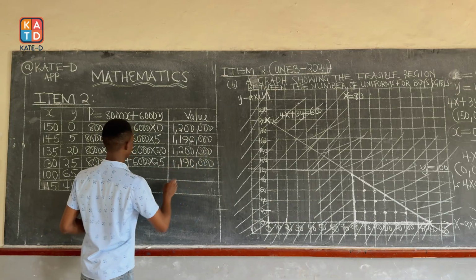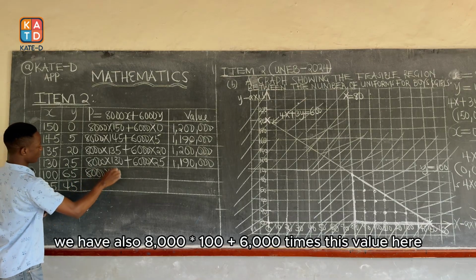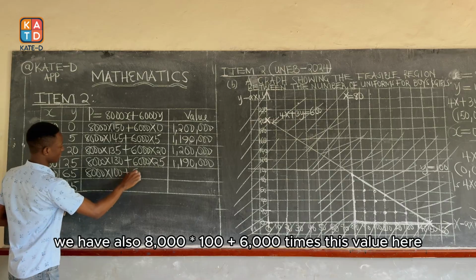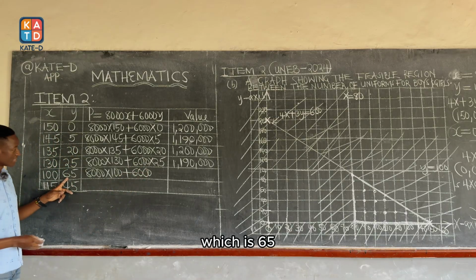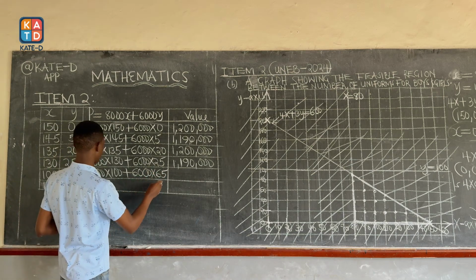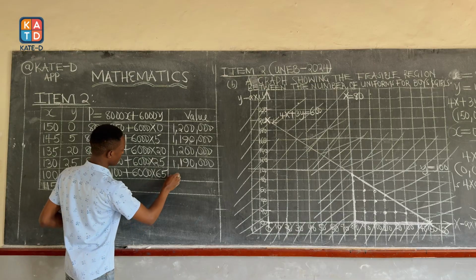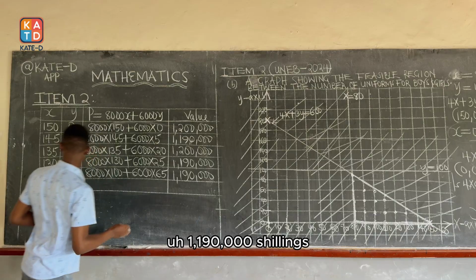1,190,000. So we have also 8,000 times 100 plus 6,000 times this value here, which is 65. This will give us 1,190,000 shillings.